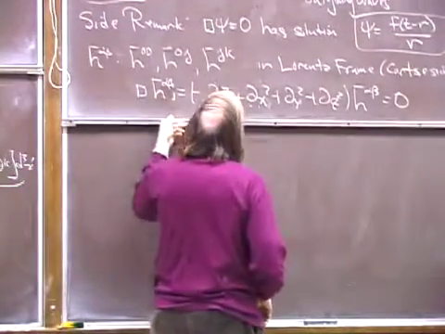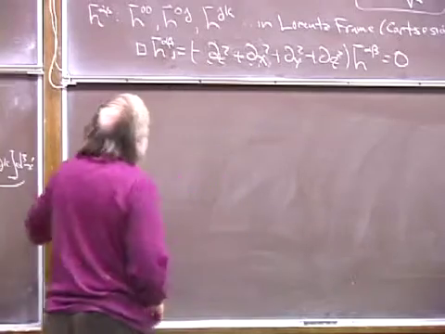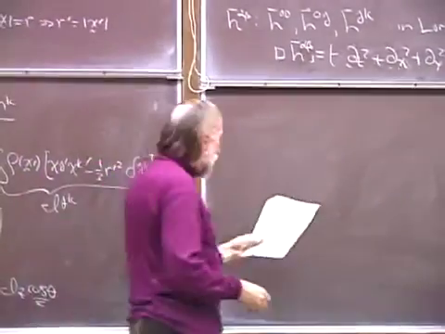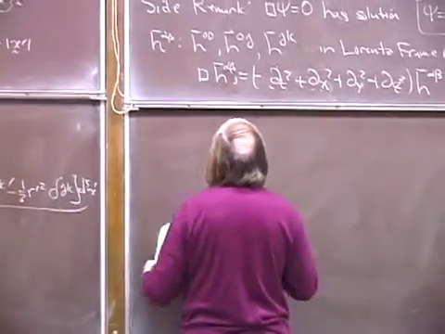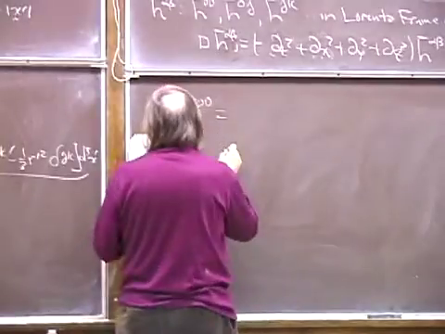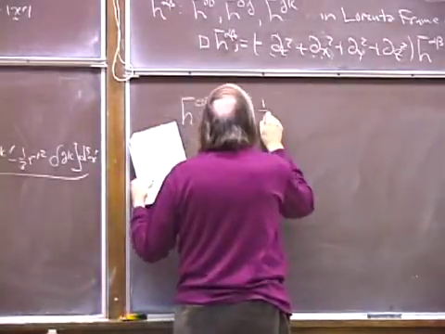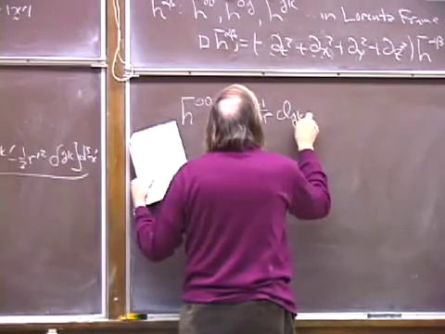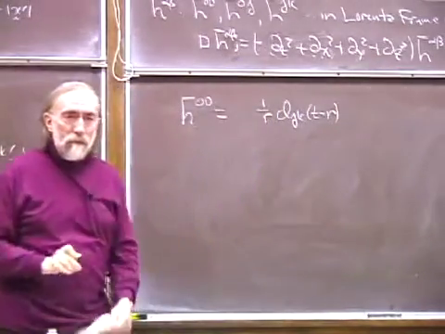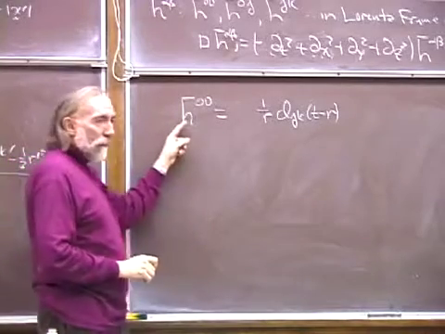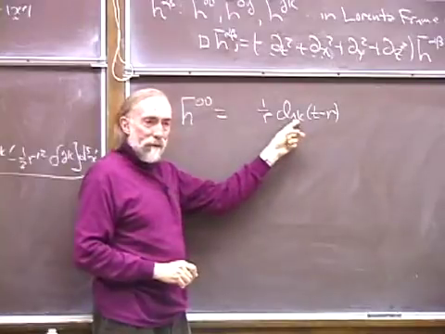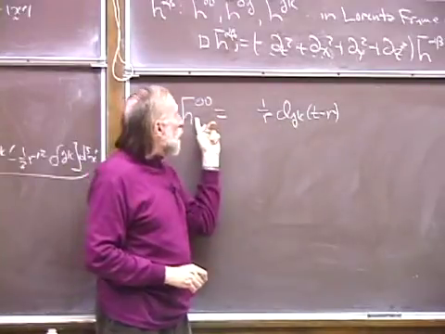That means that the following is actually a solution of the wave equation. I'm going to write down what I need, and then I'm going to discuss it. h bar 0 0 equal to 1 over r times I_ijk of t minus r, that's a solution of the wave equation. That's not what this is going to be, because that has two free indices, so that can't be the form of h bar 0 0.